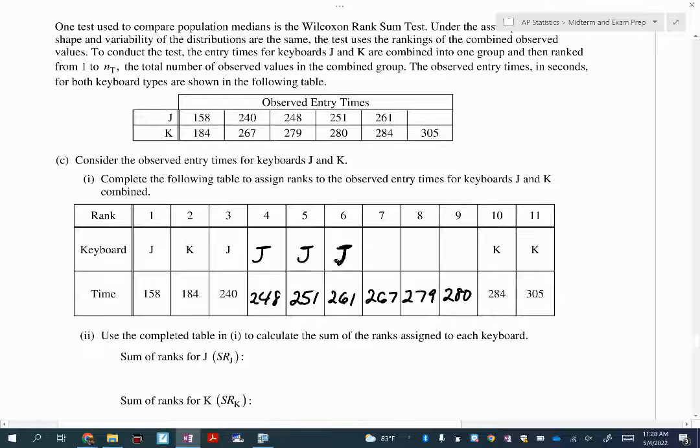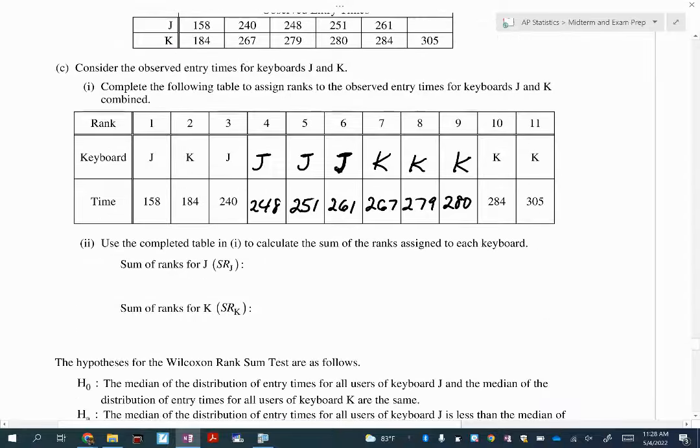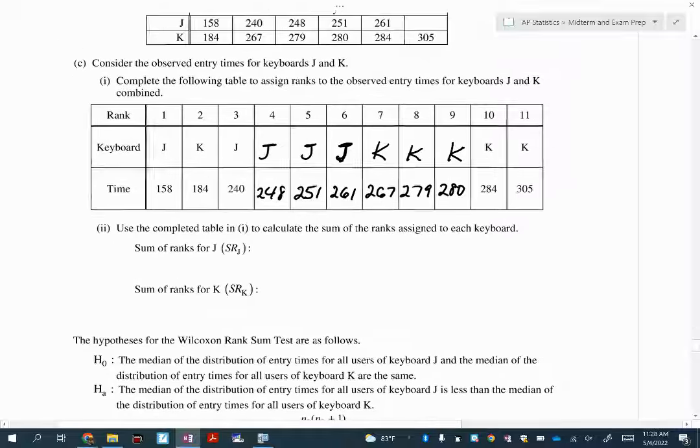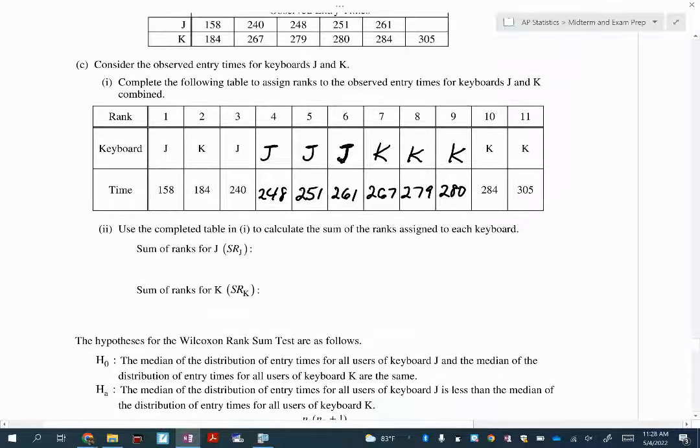So the next three are keyboard J, and then after that, those are all keyboard K. Okay. So it says use the table we completed to find the sum for the ranks for keyboard J and for keyboard K. So for keyboard J, I'm just going to add up all those ranks for keyboard J. So it's 1 plus 3 plus 4 plus 5 plus 6.